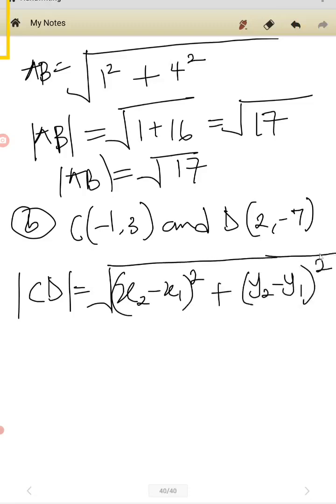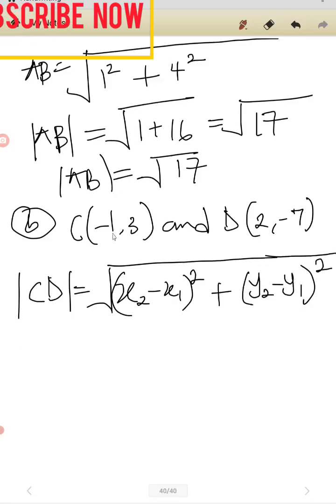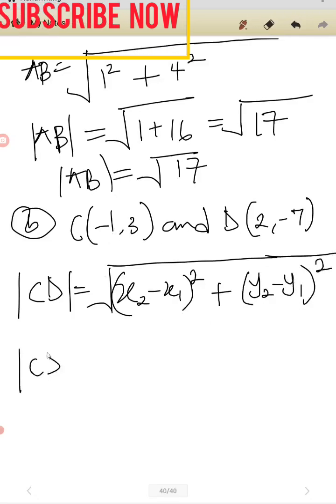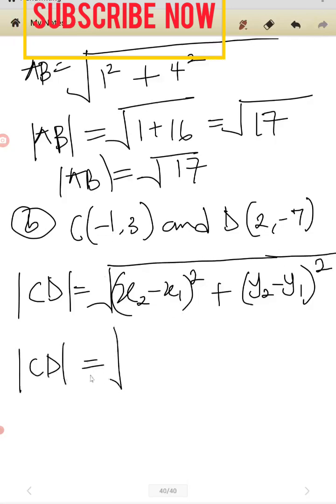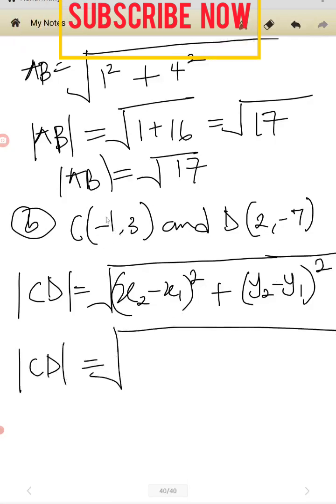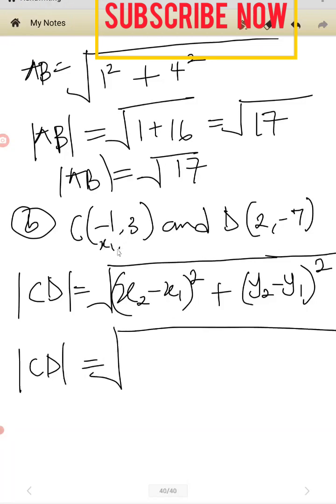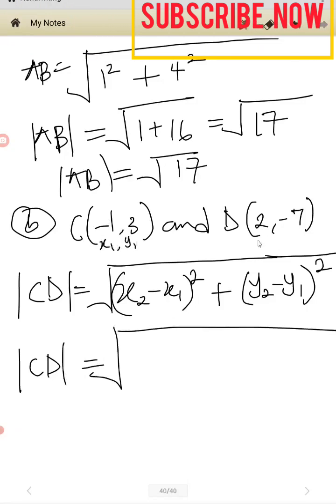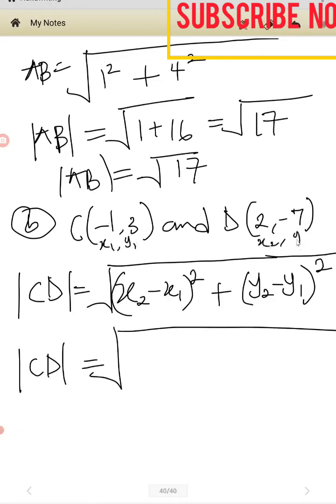So when you know this formula offhand, it's very easy to just substitute the values. So the line CD will now be, as you know, this is x1, y1, x2, y2.